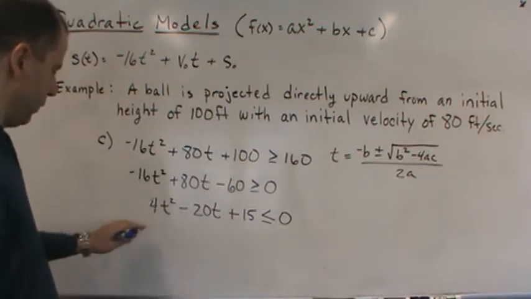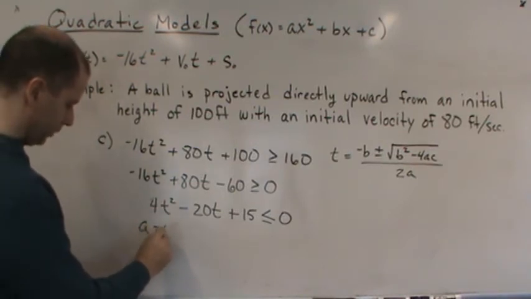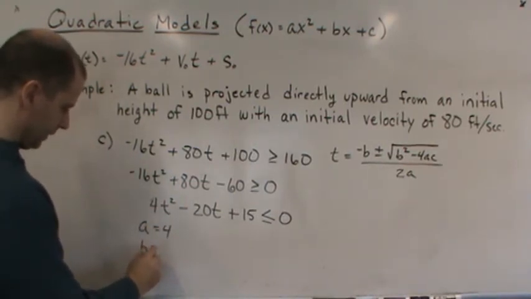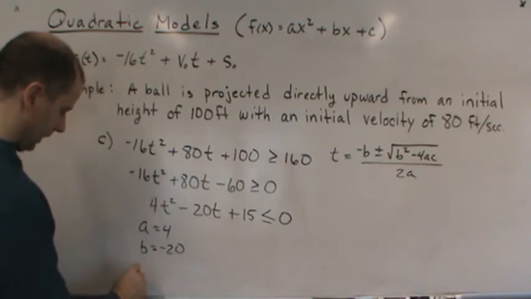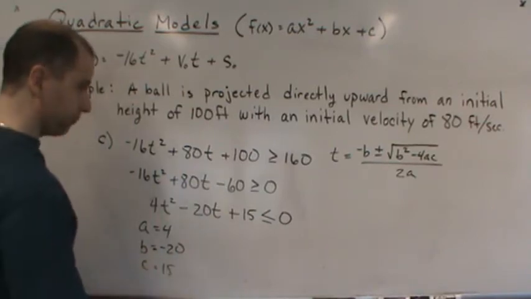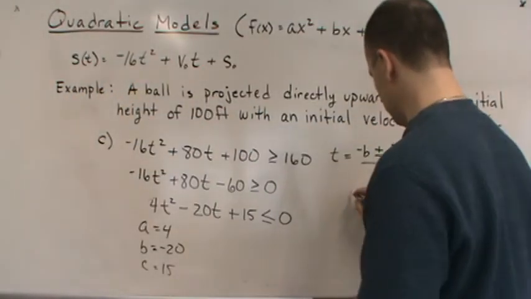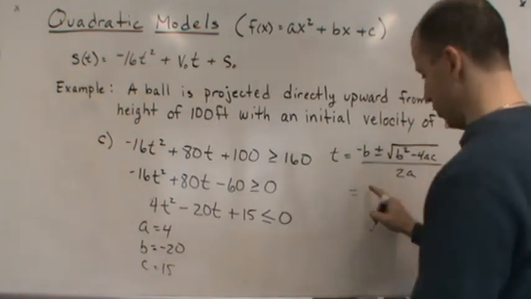So now we know a is equal to 4, b is equal to -20, and c is equal to 15. Now all we have to do is plug in.